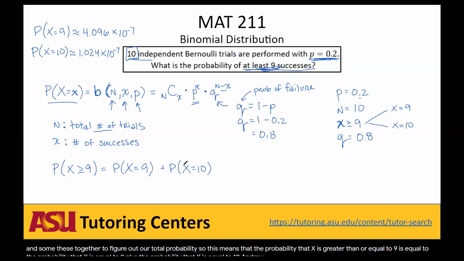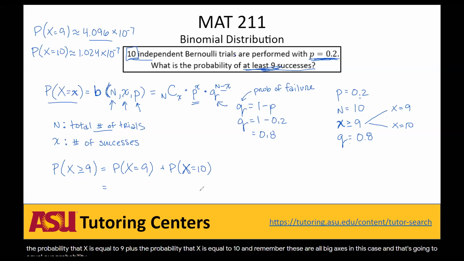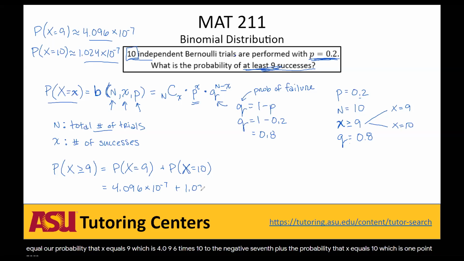And remember, these are all big X's in this case. And that's going to equal our probability that x equals 9, which is 4.096 times 10 to the negative 7th, plus our probability that x equals 10, which is 1.024 times 10 to the negative 7th.